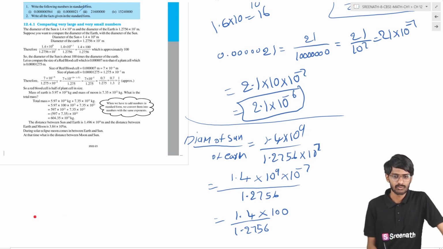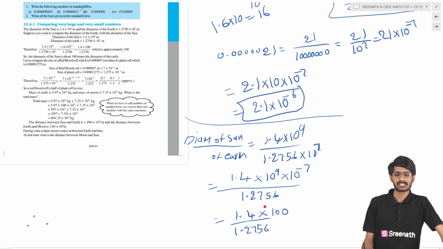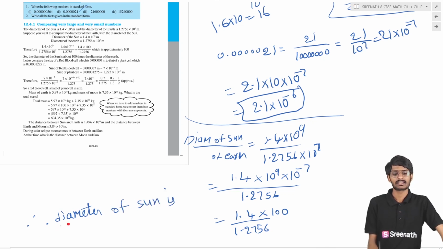Finally, therefore the diameter of the sun is about 100 times the diameter of the earth.